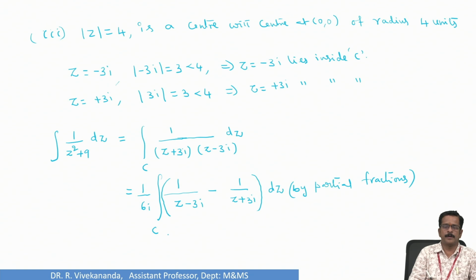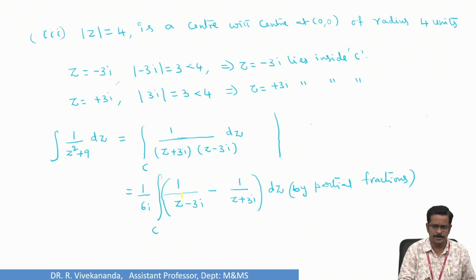Now we have to evaluate this, which equals 1 by 6i into the integration over C of 1 by z minus 3i minus 1 by z plus 3i into dz.